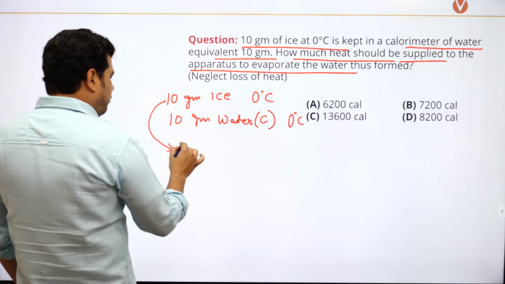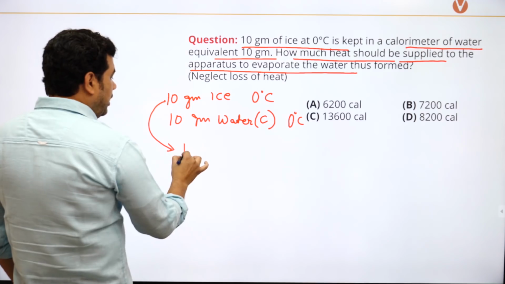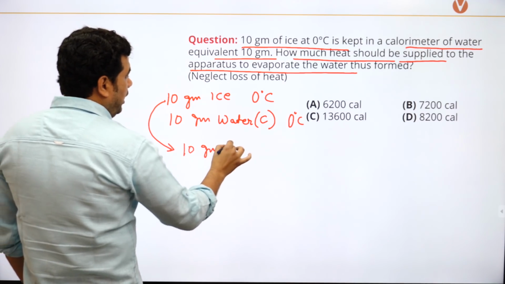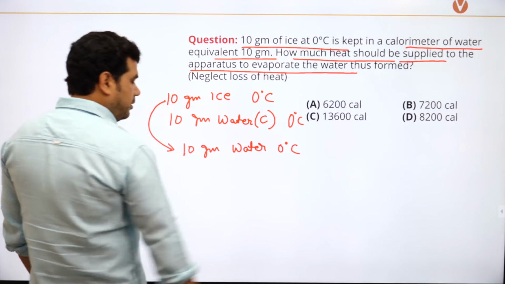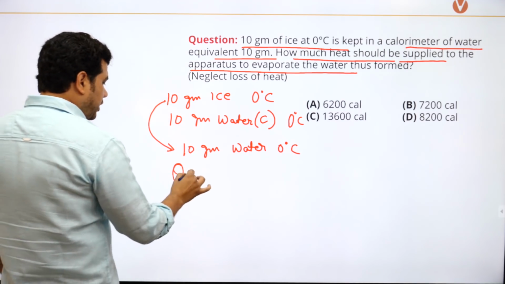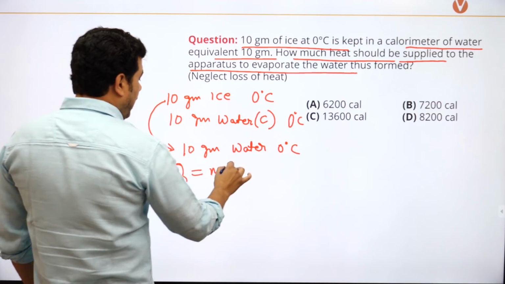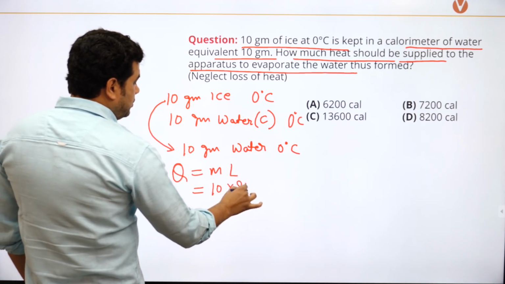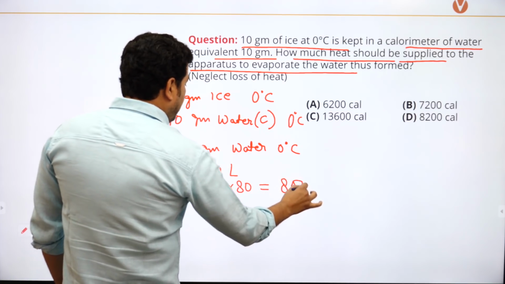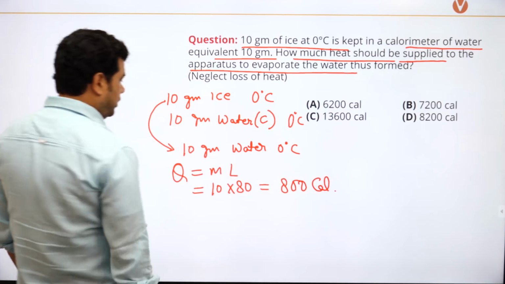So first it should be like 10 gram water at 0 degree centigrade. So which heat will be involved here? Q is equal to mL. What's m here? 10 gram. L is 80. So we have 800 calorie of heat for this.